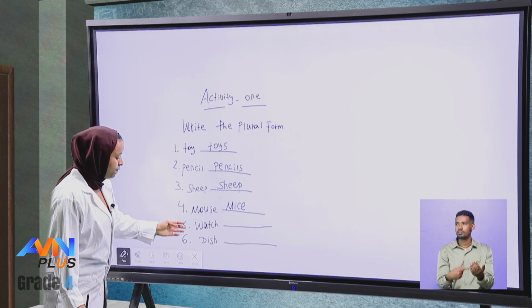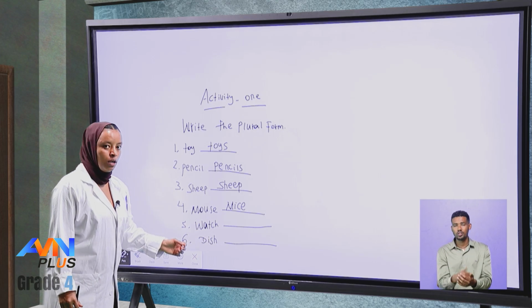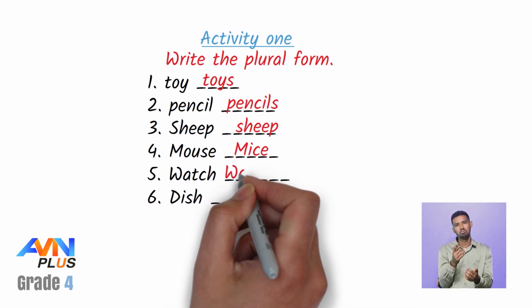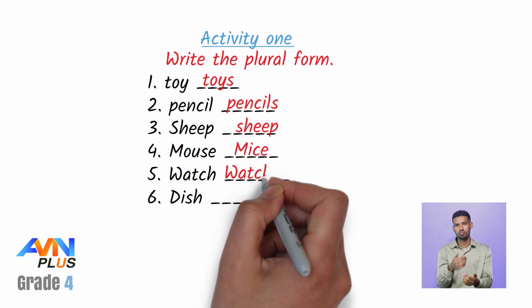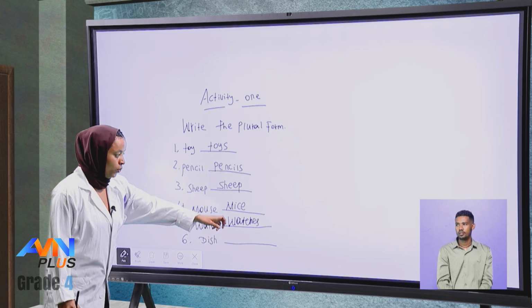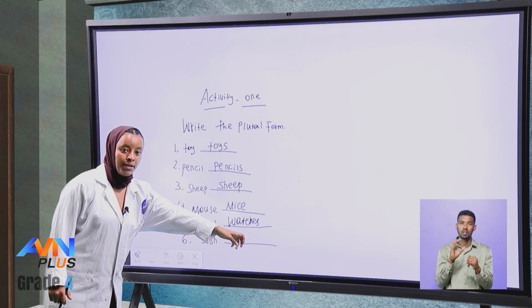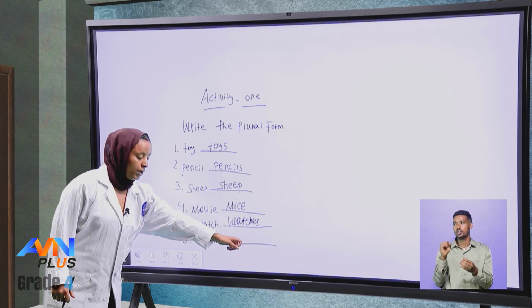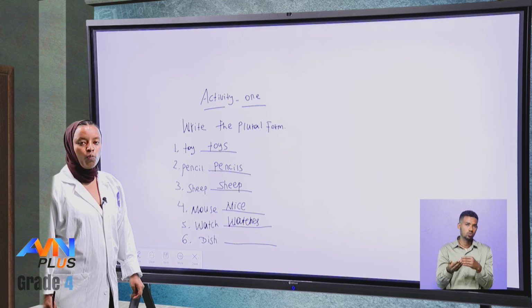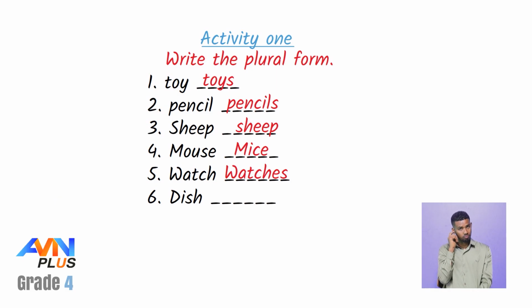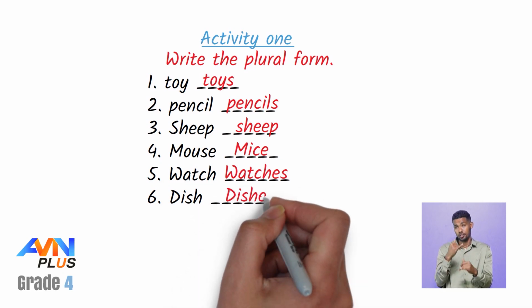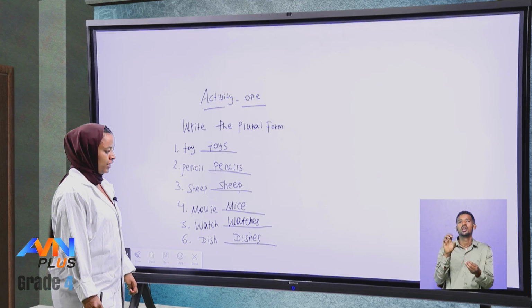Here is 5, watch. Ending with ch, so add es at the end of the noun. The next one, dish. It becomes sh, so add es. Dish, dishes.